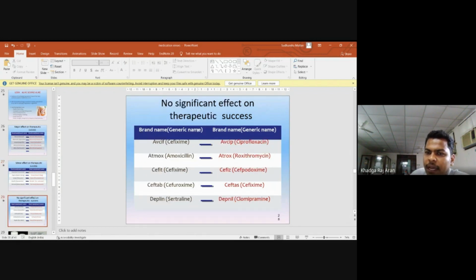There is no significant effect on the therapeutic success. Like you can see etmox and etrox. Etmox consists of amoxicillin, and the other consists of azithromycin. So both are clinically used for the treatment of bacterial infections. So this is an example of the no significant effect on therapeutic success type of medication errors.